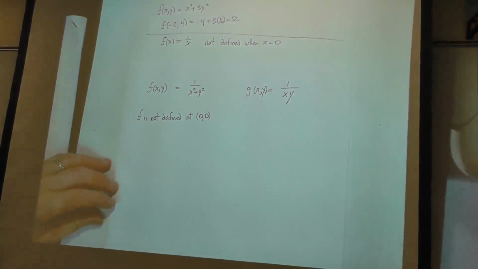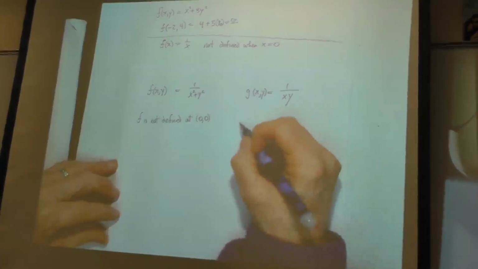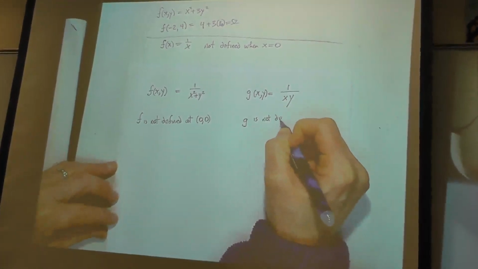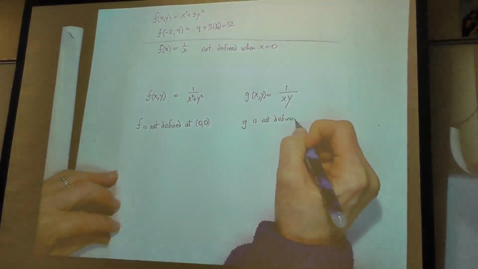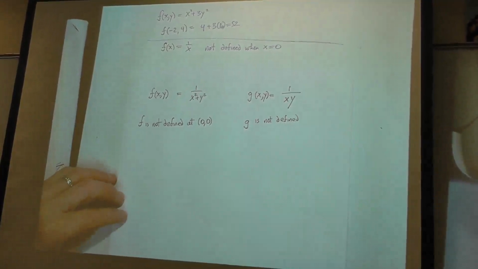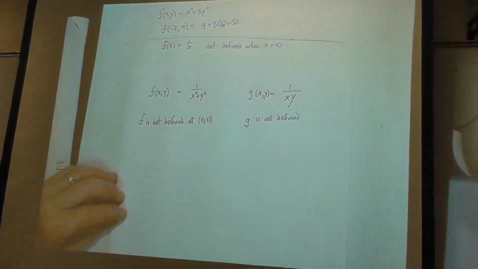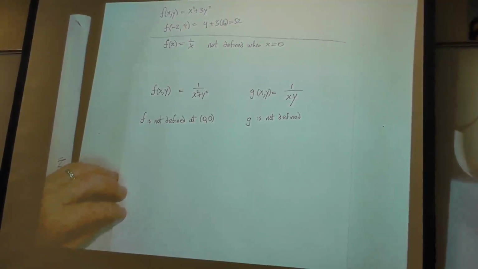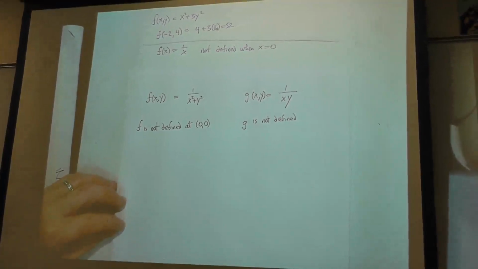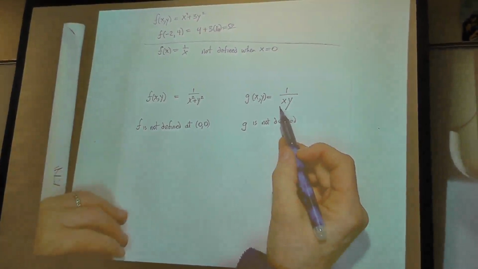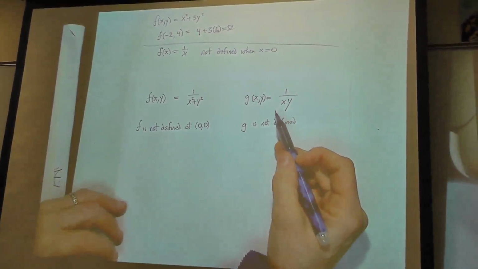Okay? But what about g? It's also not defined at the origin, but it's also not defined at a whole bunch of other places. 0, 1, 1, 0. Any point on the x or the y axis, it's not going to be defined at, because that's going to throw a 0 in the bottom.